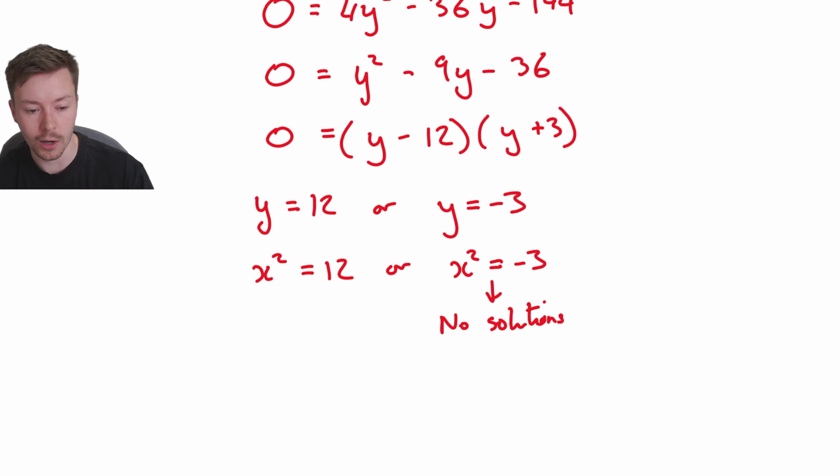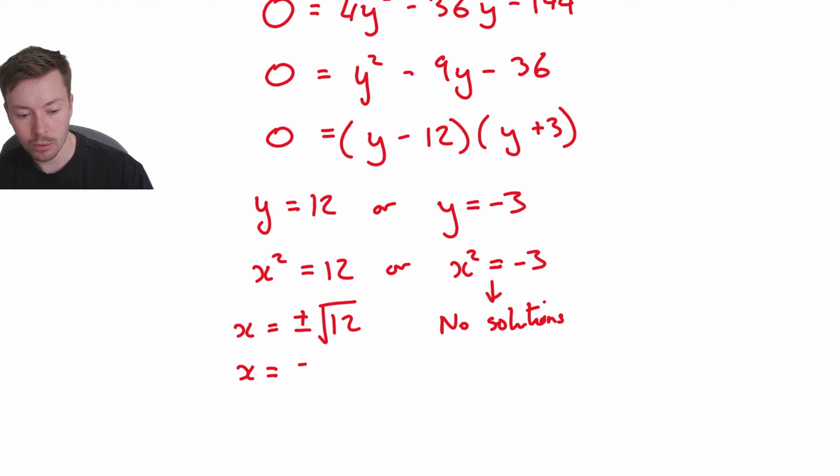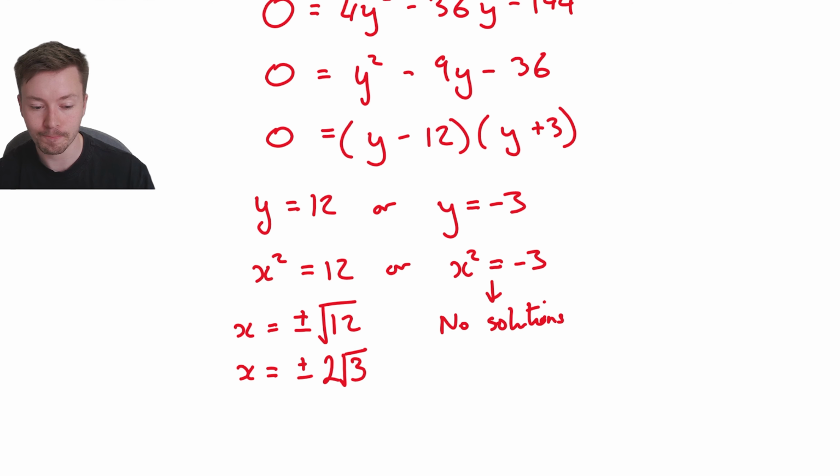But we can square root 12, so x is equal to plus or minus square root of 12. 12 is made up of 4 times 3, and we can square root the 4, but we can't square root the 3. So we have to leave the 3 inside the square root. Square root of the 4, we get 2, that goes outside. Plus or minus 2 root 3.